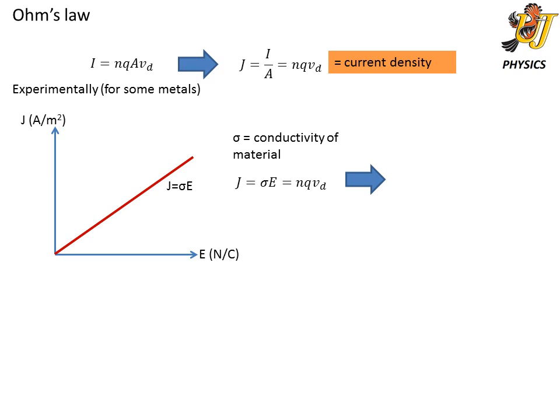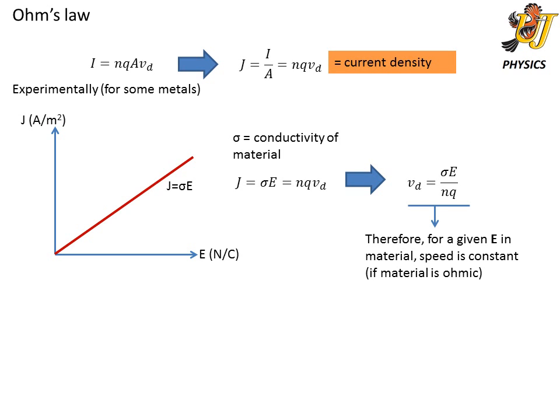If we take our two expressions for the current density and we solve for the drift speed, we find that for a set electric field in a conductor, the value of the drift speed is constant. And if the conductivity does not depend on the electric field, as Ohm's law implies, again we get that the drift speed is constant. Therefore, in ohmic conductors, we find that the scattering motion of charge carriers exactly opposes the acceleration that would occur due to the non-zero electric field.